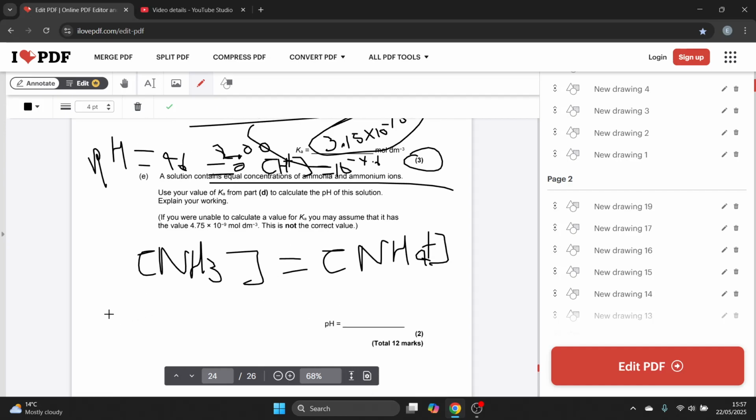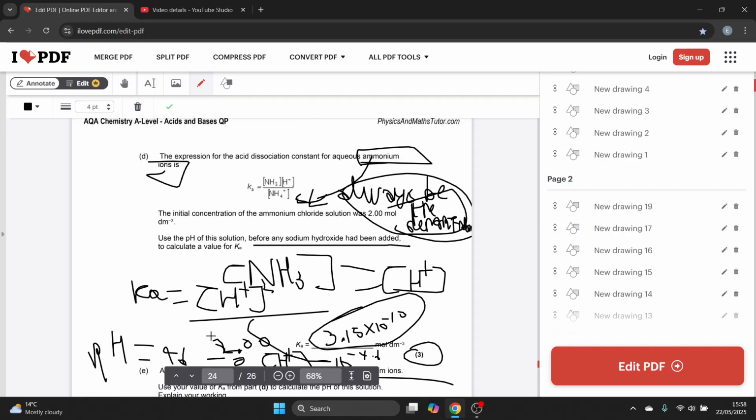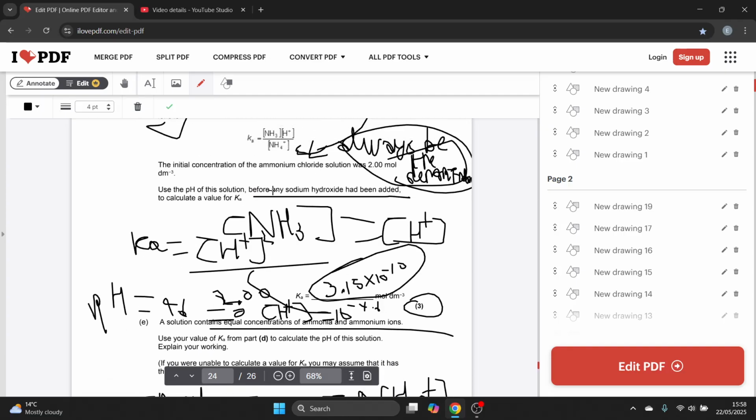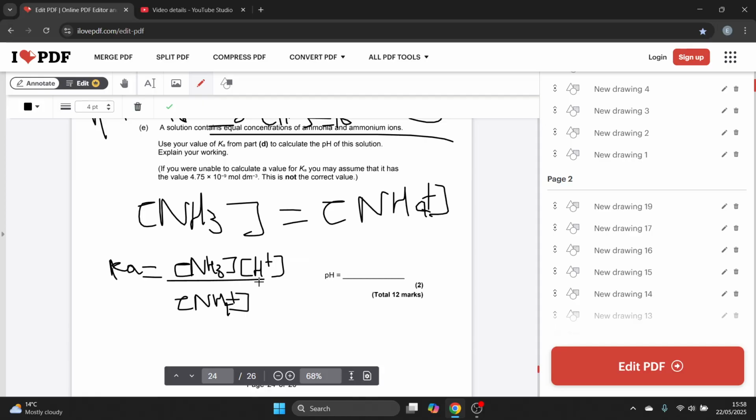So what was my Ka expression originally? It was Ka equals concentration NH4 plus, because that's always on the bottom, the ammonium ions, over the concentration NH3, times concentration H plus. Obviously, we were told no sodium hydroxide added, and we assumed that. But the original Ka expression, without any assumptions, is that.